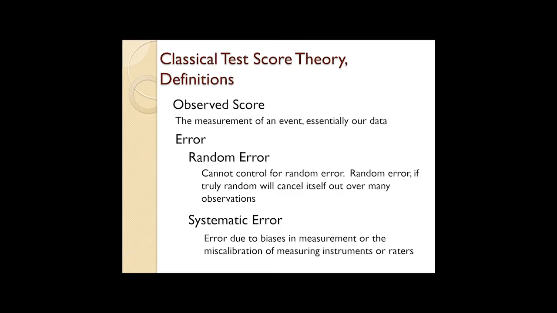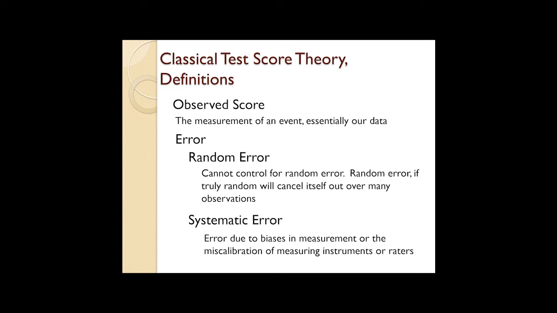To understand how aggregation works, we're going to use classical test score theory from psychological testing to help you understand this concept. First, we need a few definitions. Observed score. This is the measurement of an event. It is essentially our data.